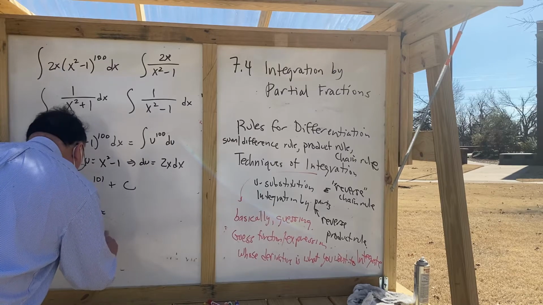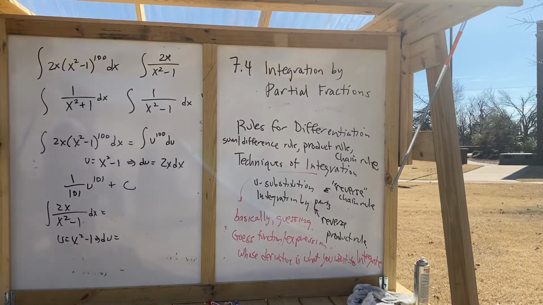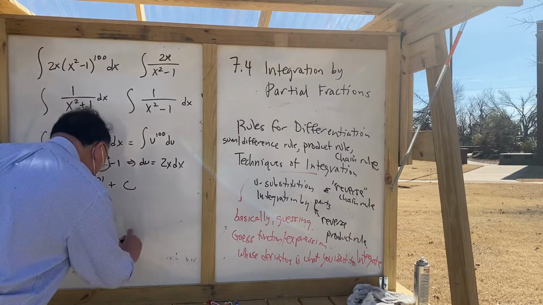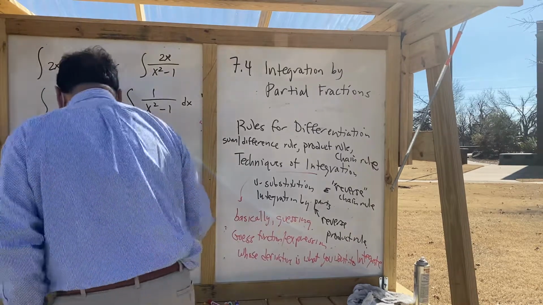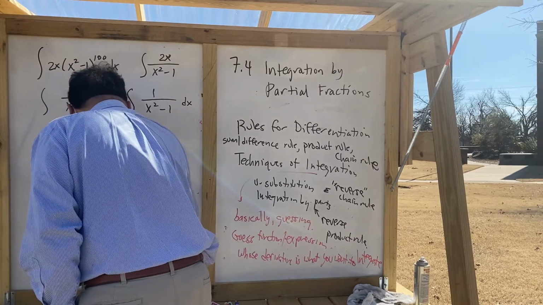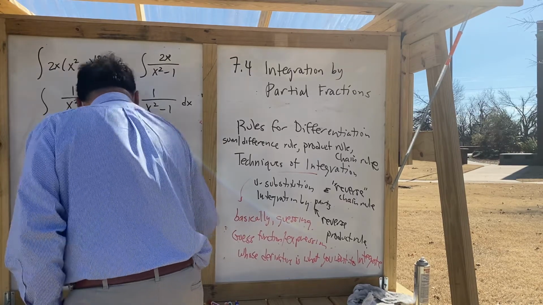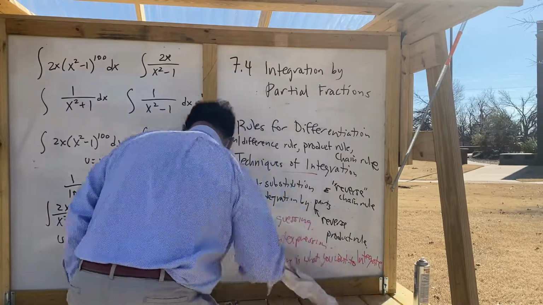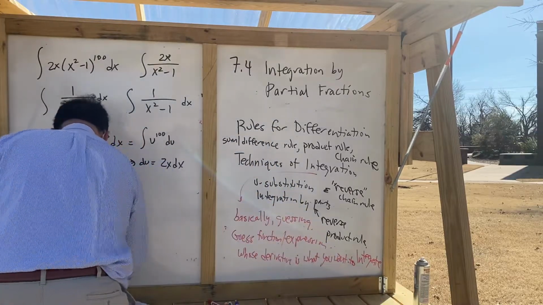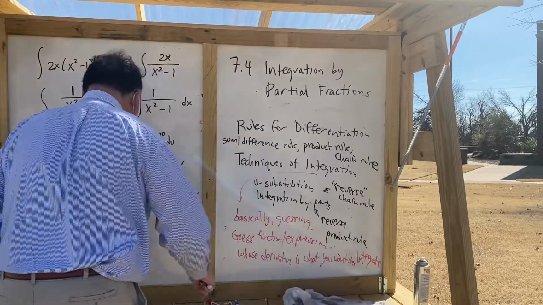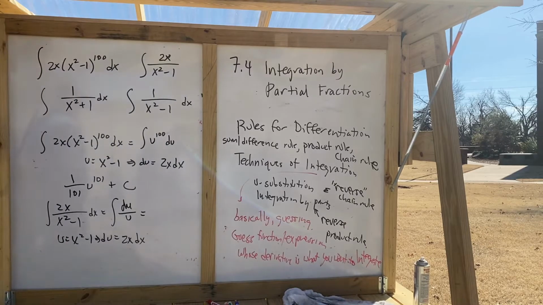So du is equal to 2x dx. So this integral now is the integral of du over u. And what is the integral of du over u?